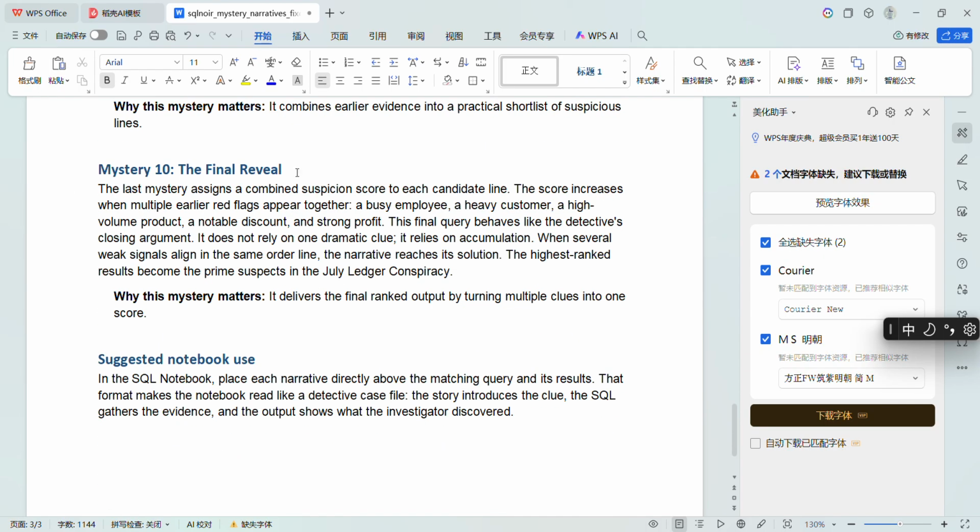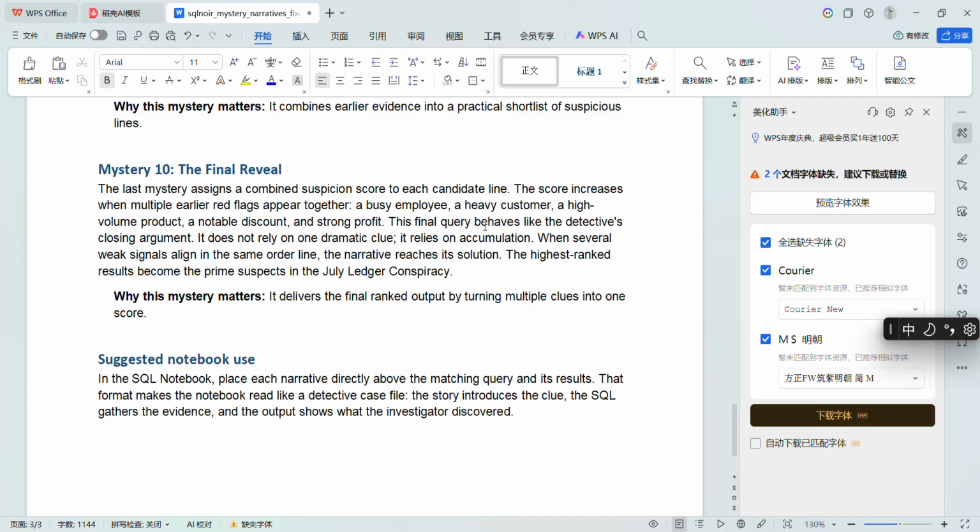Mastery 10, the final reward. The last mastery assigns a combined suspicion score to each candidate line. The score increases when multiple earlier red flags appear together: a busy employee, a heavy customer, a high volume product, a notable discount, and a strong profit.